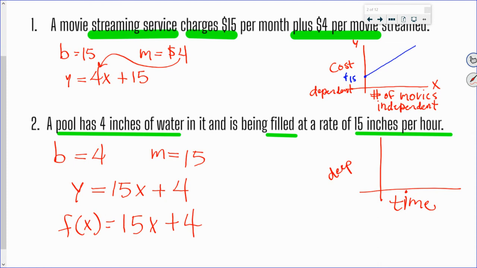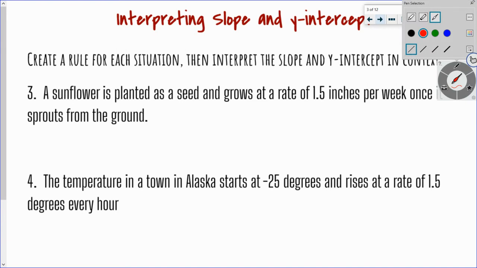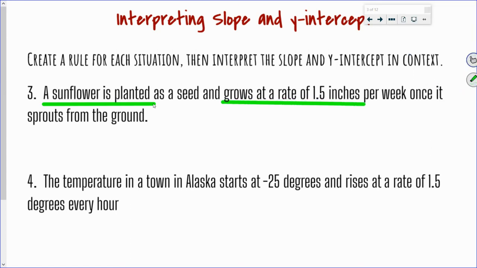Question on that? All right, let me give you a couple here to tackle, and I'll let you do these on your own, okay? Same deal. Let me show you what you need to write down. Write down: a sunflower is planted and grows at a rate of 1.5 inches per week.